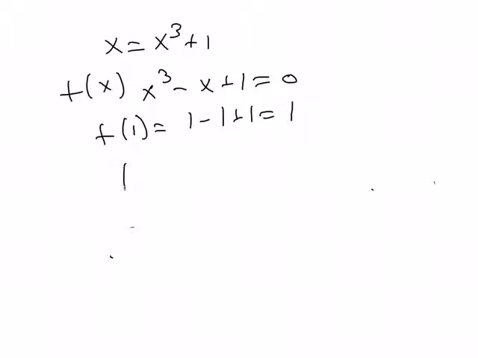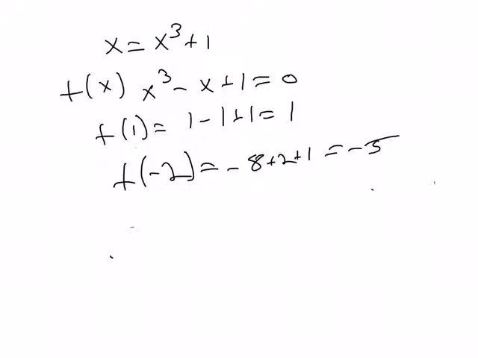So what is f of negative 2? Well, this is negative 8 minus negative 2 plus 1, which is going to be negative 5.